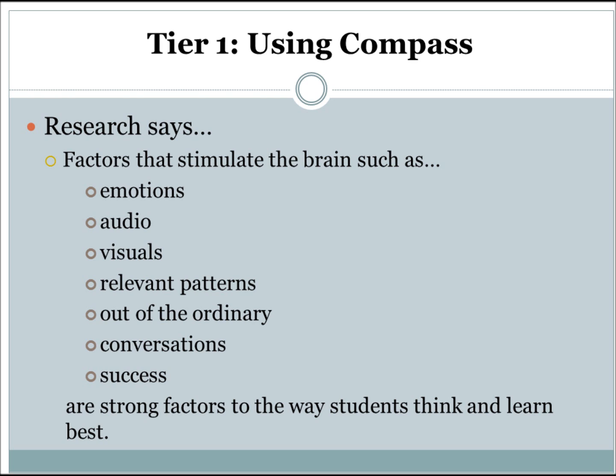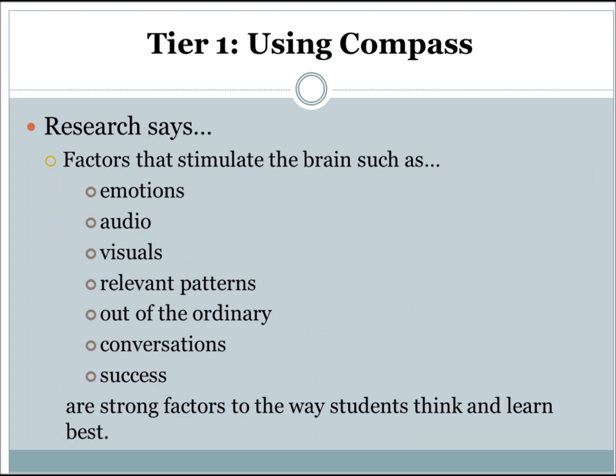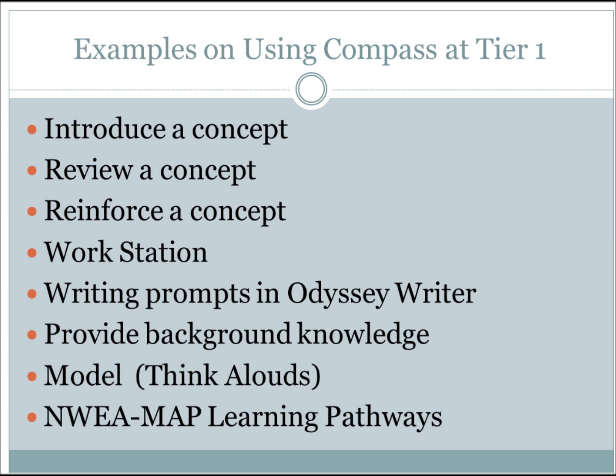These are very strong factors in the way kids learn. All kids need that in Tier 1. The Compass program provides all of that. It provides you a way to have success using audio, visuals, and the practice that's here.